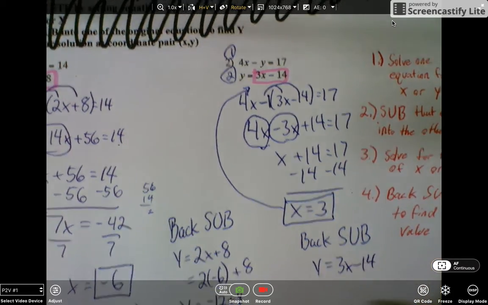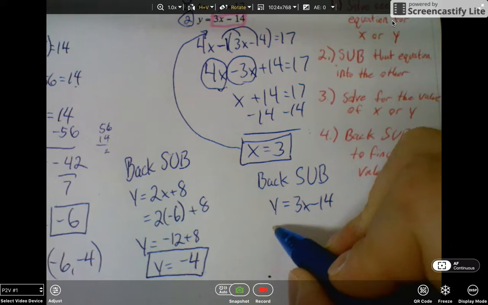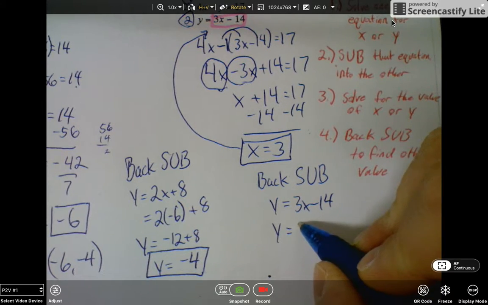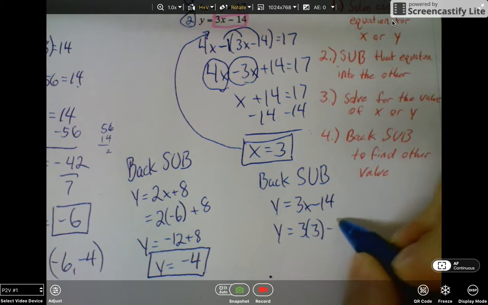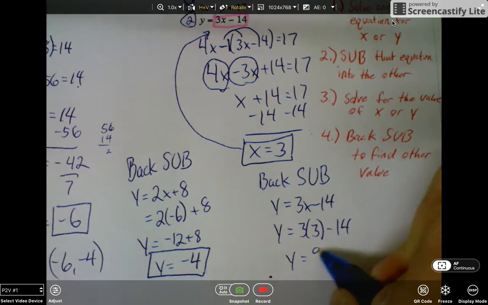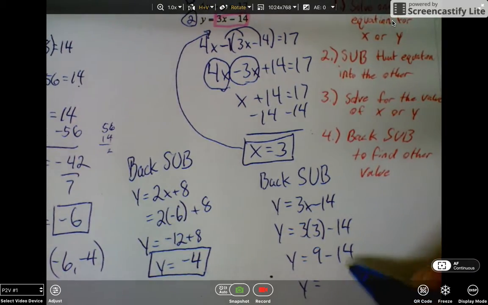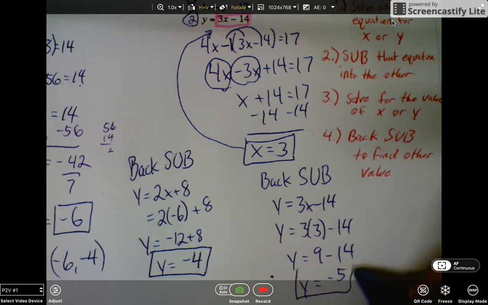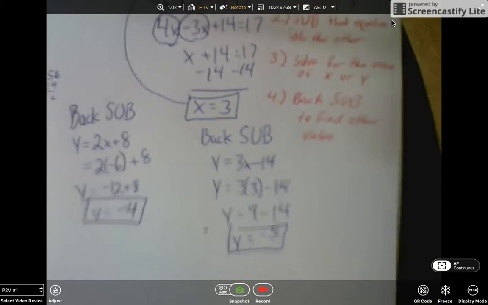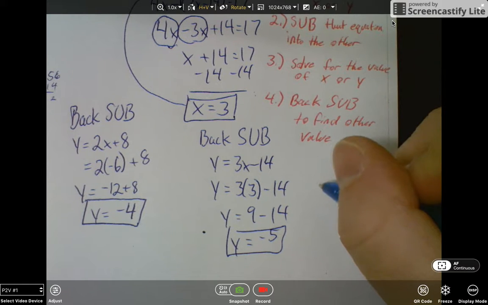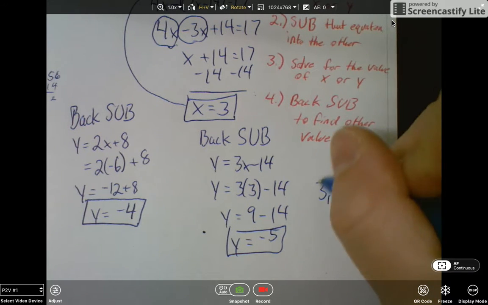I like to write it every time so I don't get confused when I'm back subbing. So I get 3 times 3 minus 14. y equals 9 minus 14. So y equals negative 5. So my solution to this system would be 3, negative 5.